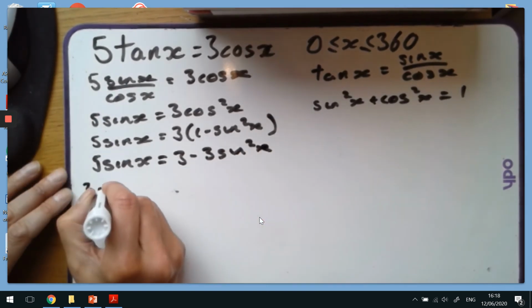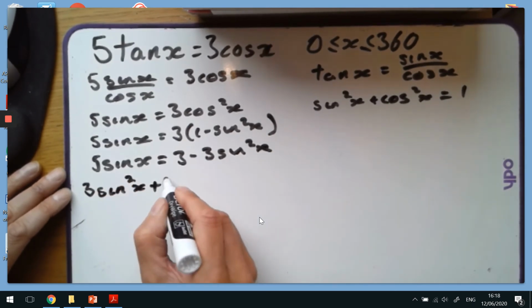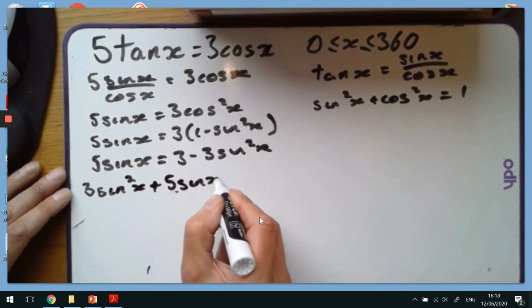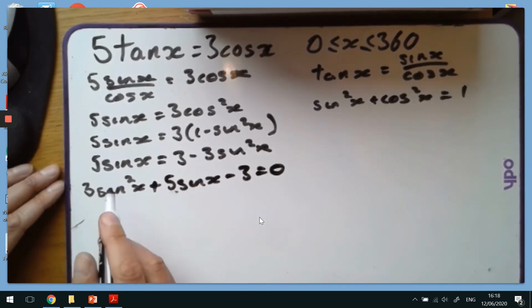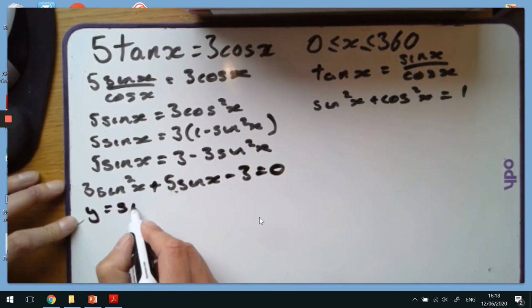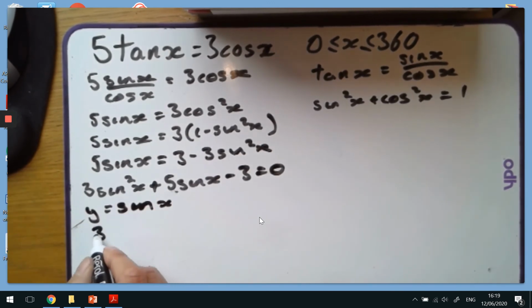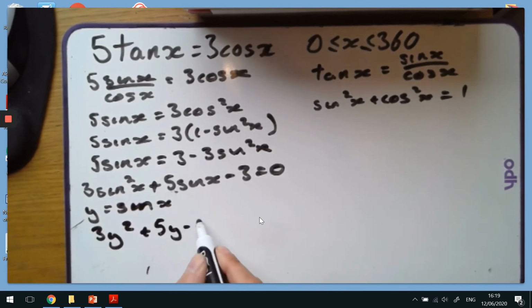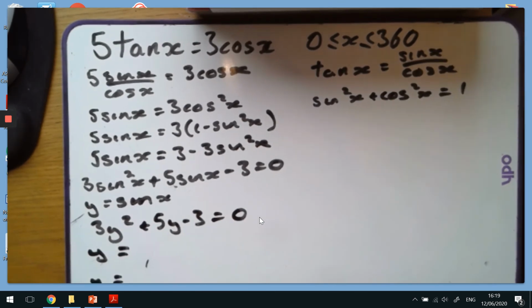So I've got 3 sine squared of x plus 5 sine of x minus 3 equals 0. So I've now got a quadratic in sine of x. So I'm going to set y equals sine of x. So I've got 3y squared plus 5y minus 3 equals 0. So y equals, just running out of space.